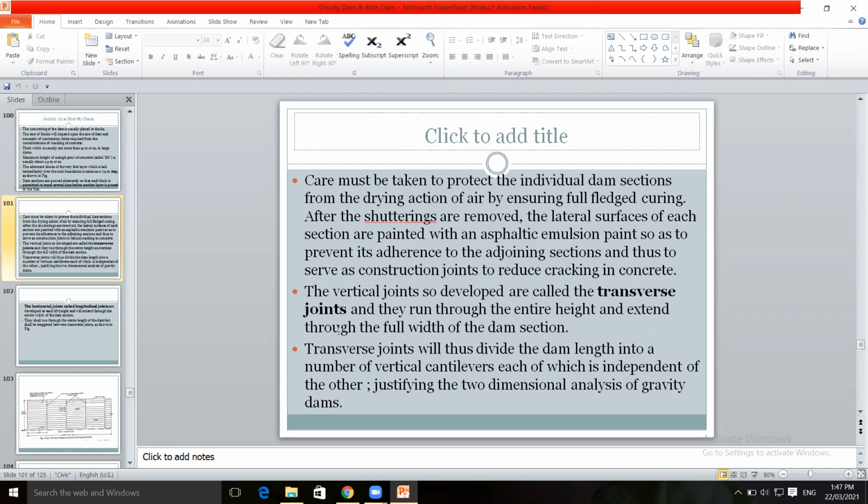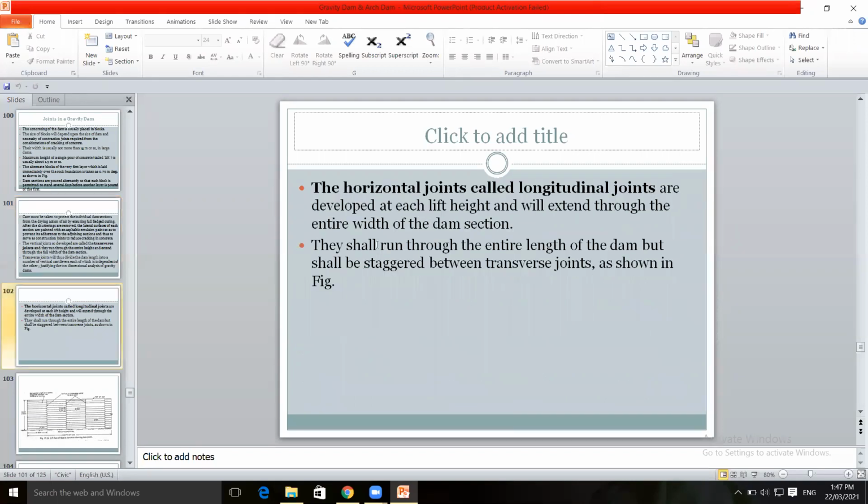Next one is horizontal joints, which are called longitudinal joints. These joints are developed at each lift height and will extend through the entire width of the dam section.